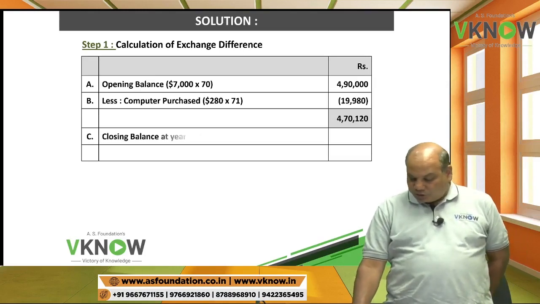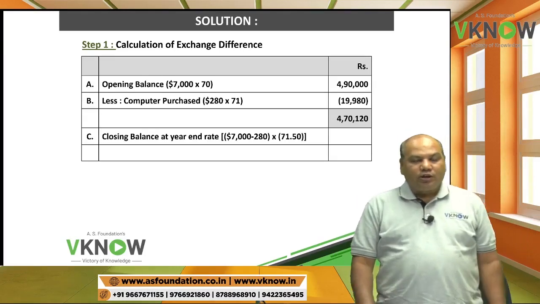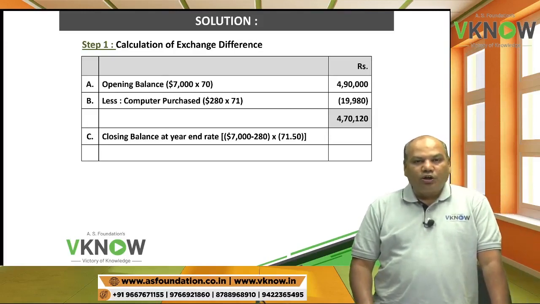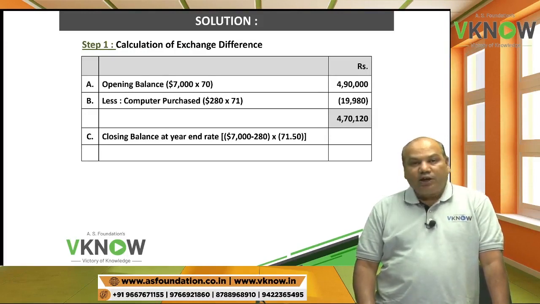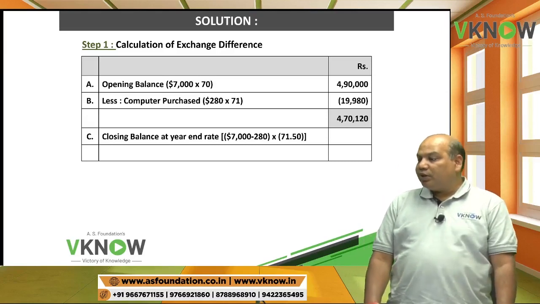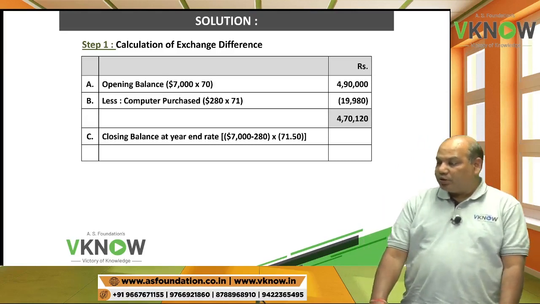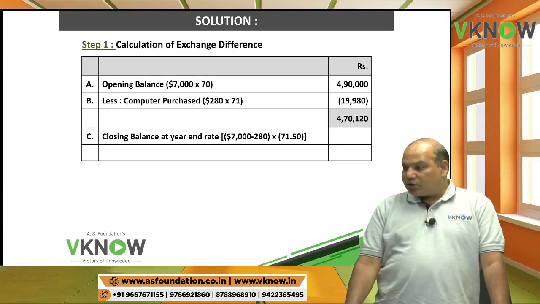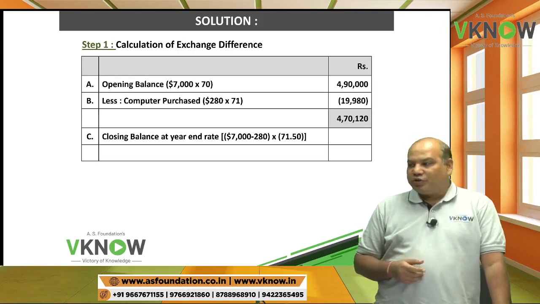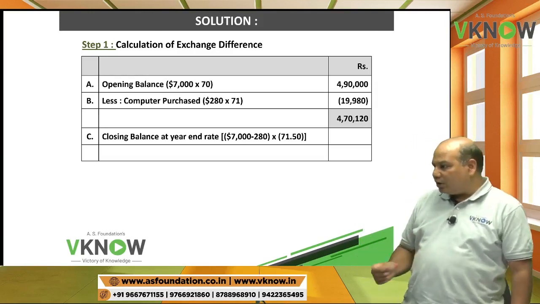Now we'll calculate the closing balance. Closing balance in dollar terms will be 7,000 minus 280, multiplied by the closing rate 71.50. So give me the answer now. What is the closing bank balance after converting at 71.50? Please reply.